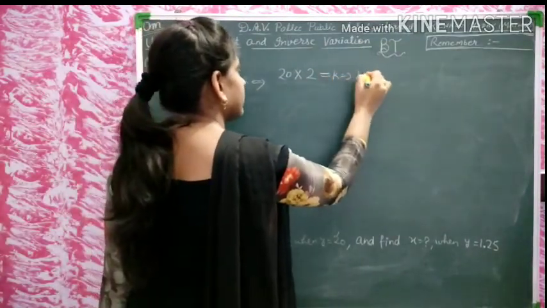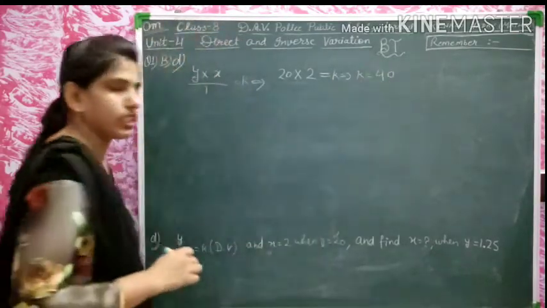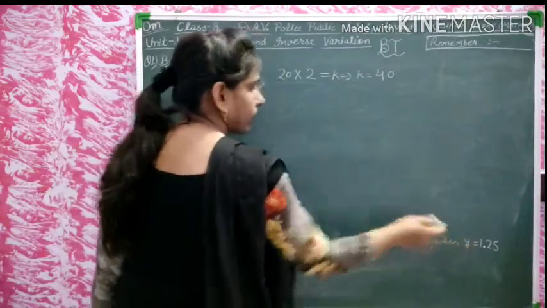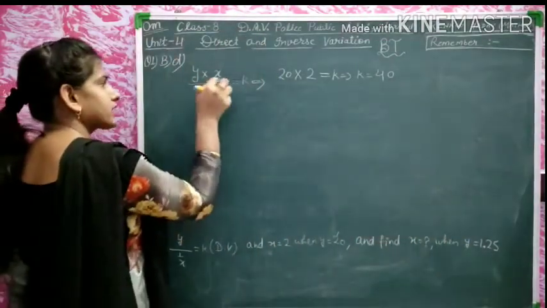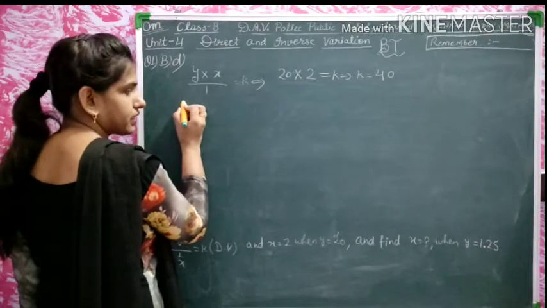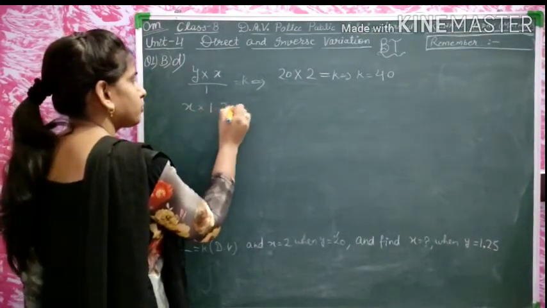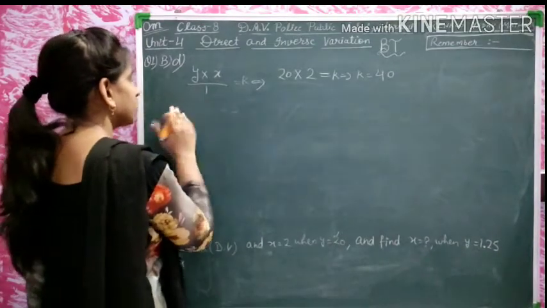It implies k is equal to 40. This was the constant. Now we have to find the value of x when y is equal to this. It means x into y is equal to the constant. X is not known, and the y value is 1.25.